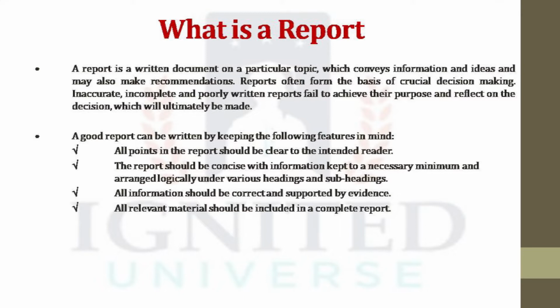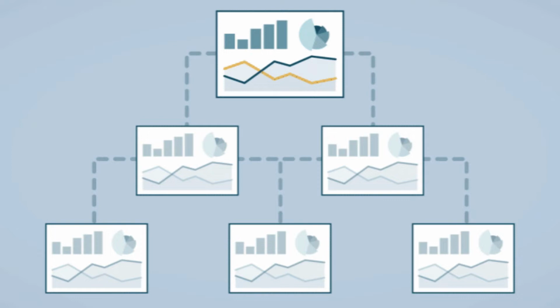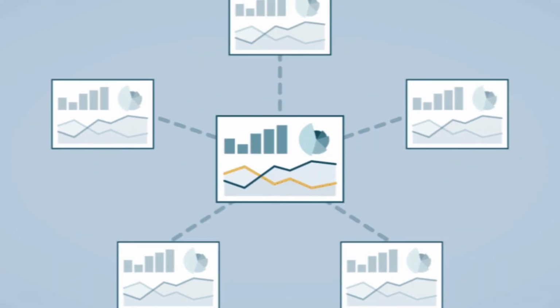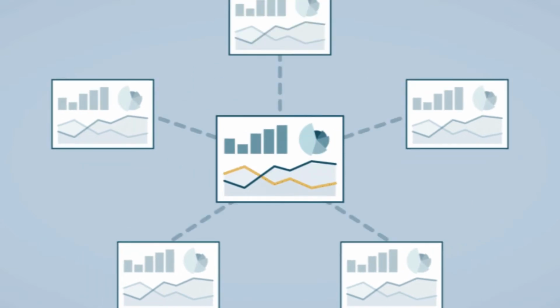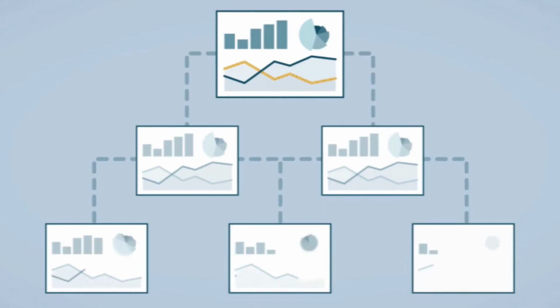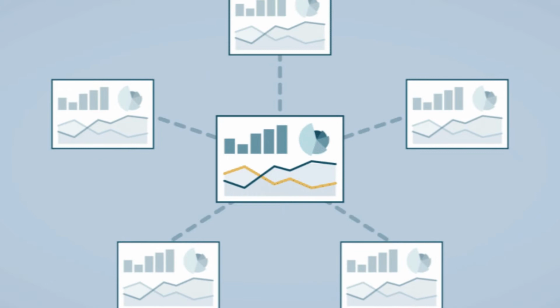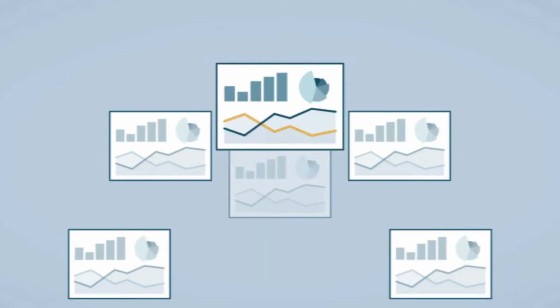Broadly speaking, there can be two types of reports, which are brief reports and detailed reports. Brief reports are generally short, not formally structured. The information provided by them has limited scope.